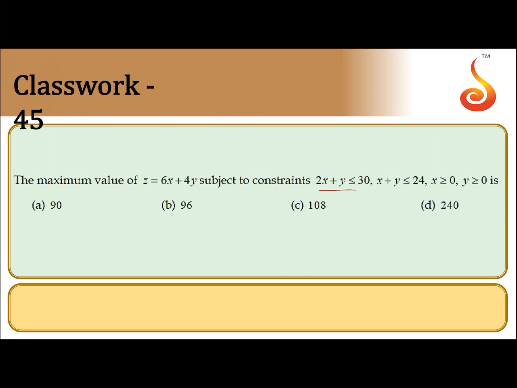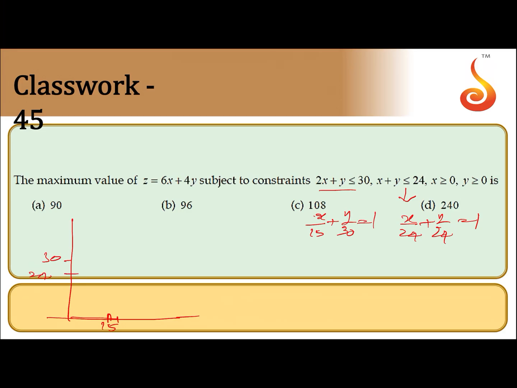Taking 2x plus y equals 30, that is x/15 plus y/30 equals 1, and x/24 plus y/24 equals 1. The x-intercept is 15 and the y-intercept is 30 for the first line, and 24 and 24 for the second.